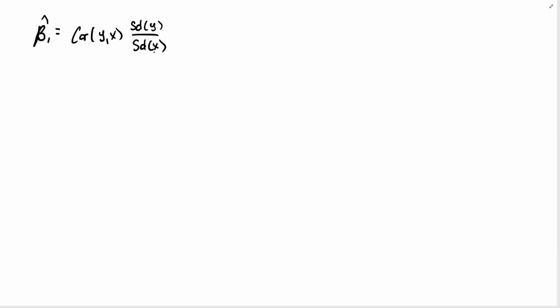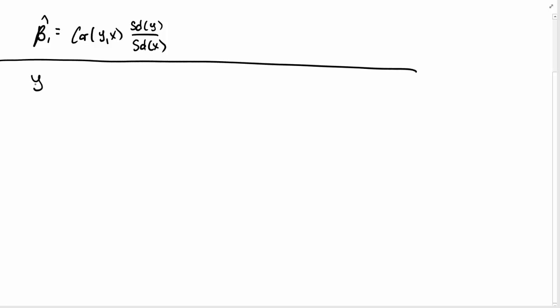So before I do full regression, let me do regression through the origin. I'm going to draw this line here. I want to fit the best line y equal to x beta through my data. My data is y1 up to yn and x1 up to xn.